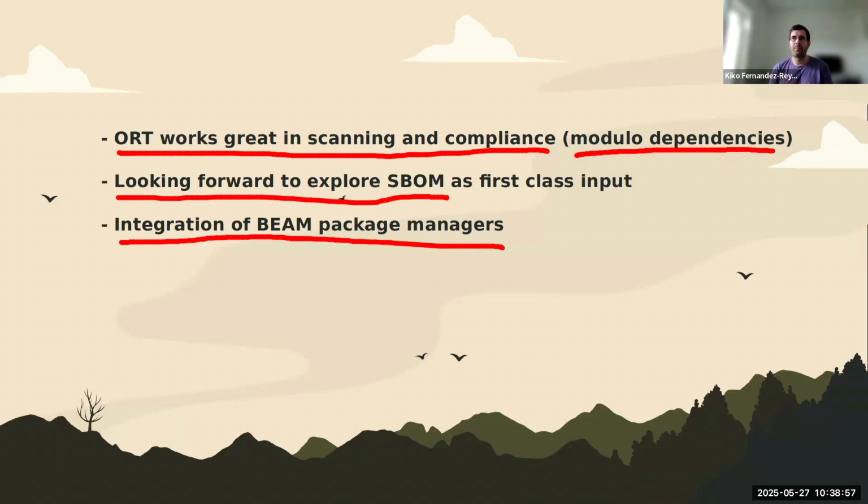And again, we have 3 different package managers, so it's not like you just write one and get it going, right? So we haven't ruled it out, but we don't know exactly if it's best to go for SBOM as first class or invest in adding the 3 package managers. So that's, I think, where we are.